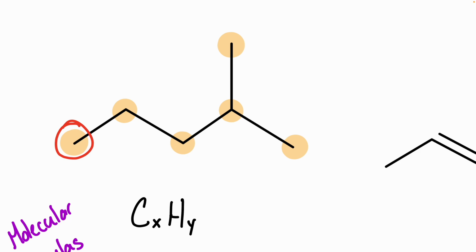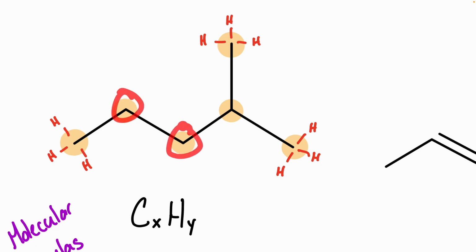If I look at the endpoint here, it's already got 1 carbon-carbon bond explicitly drawn. I need to fill it in with these 3 extra hydrogens. Same with all these other endpoint carbons, what we would call methyl groups. Each one has 3 hydrogens in order to complete its octet.